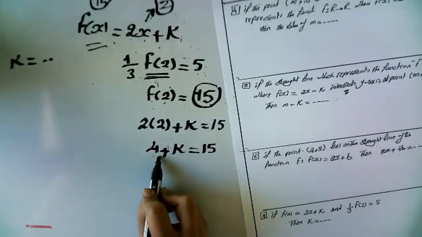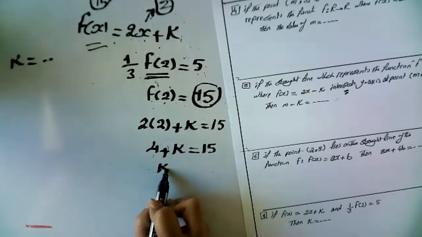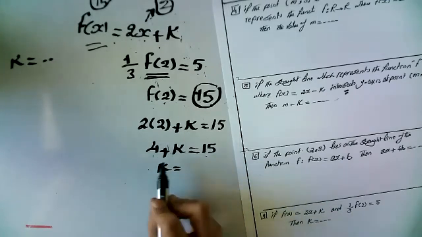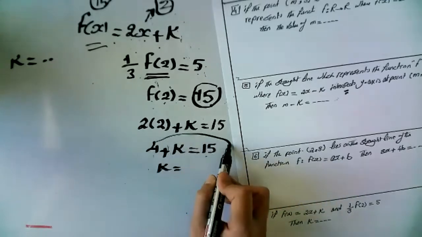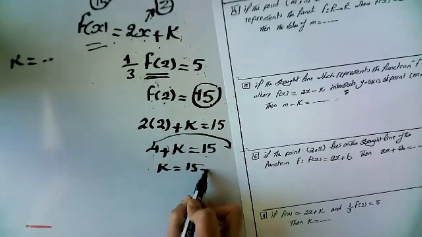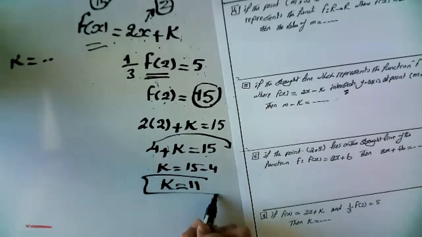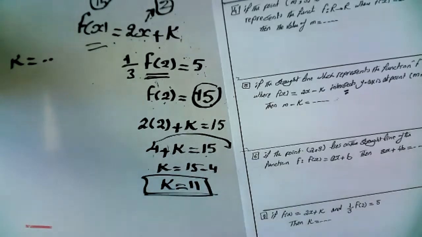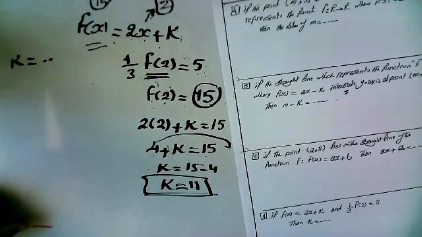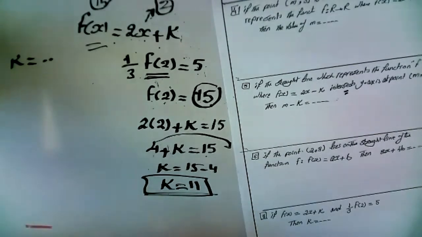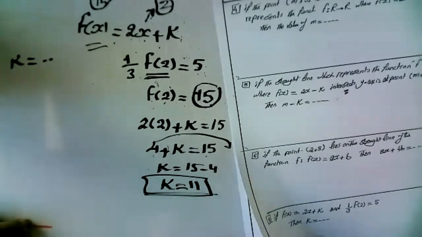We will get the value of k equals 15 minus 4. Then k equals 11. This is the value of k. We have finished number 7.